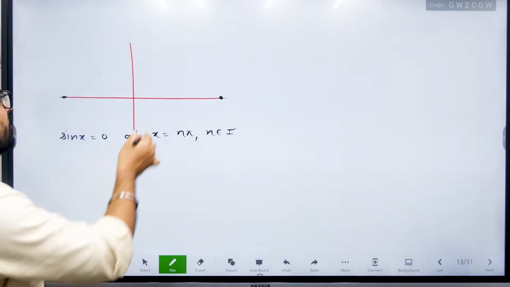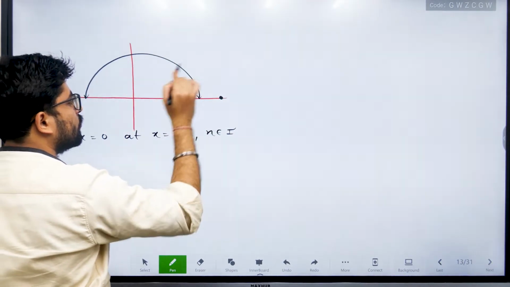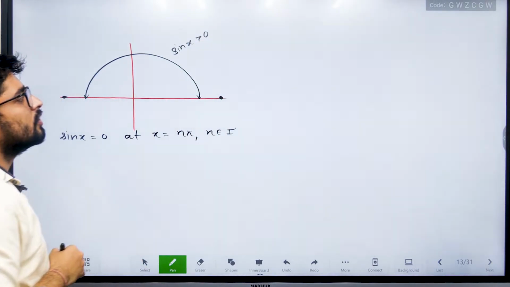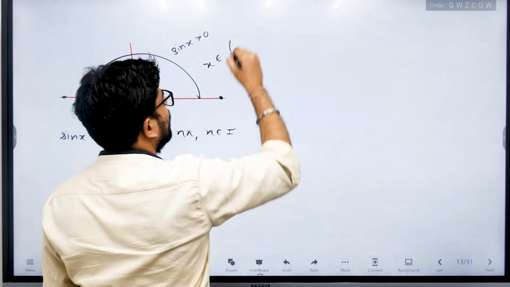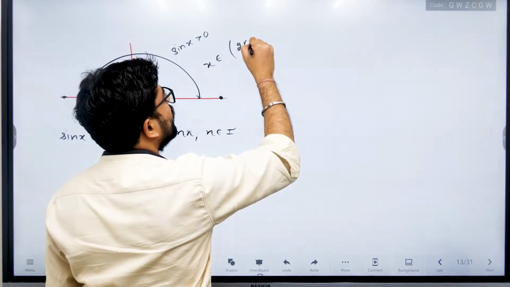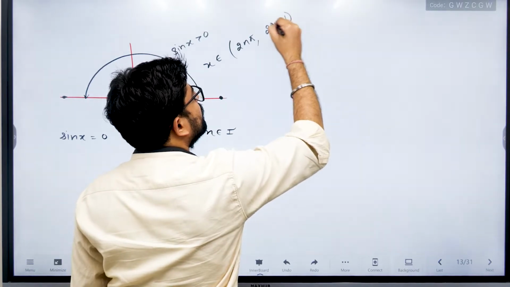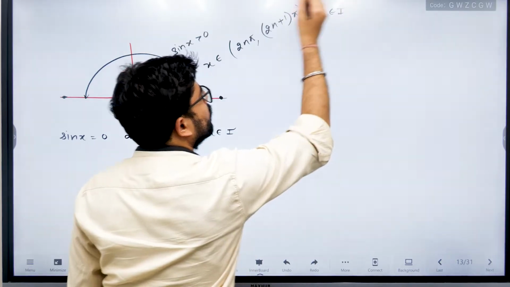And in the first and second quadrant, sin x is positive. So how can you write this? x belongs to this interval. This point is 2n pi, so 2n pi to 2n pi plus pi, which is (2n plus 1) pi, where n is an integer.